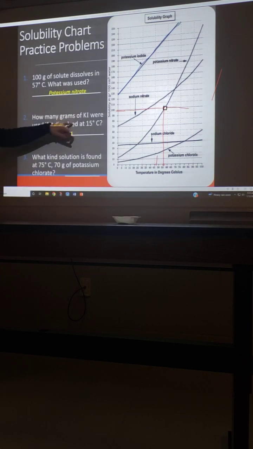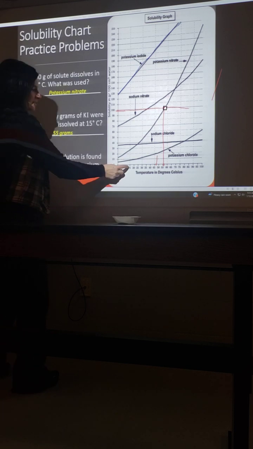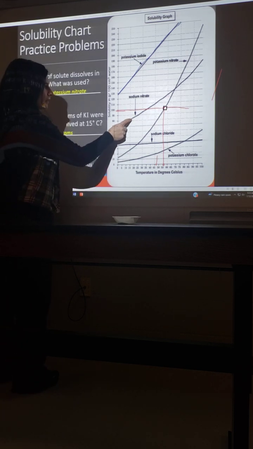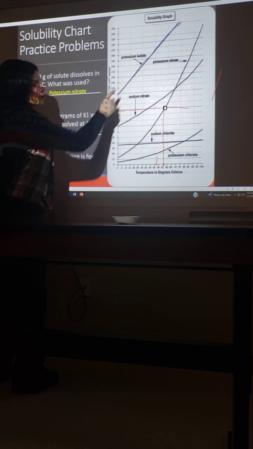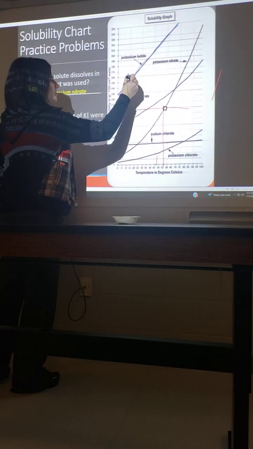How many grams of the KI were used if it dissolved at 15 degrees Celsius? So I'm given the 15 degrees Celsius. From there, I'm going to put my finger on it and go all the way up until I get here. That puts me right about here.